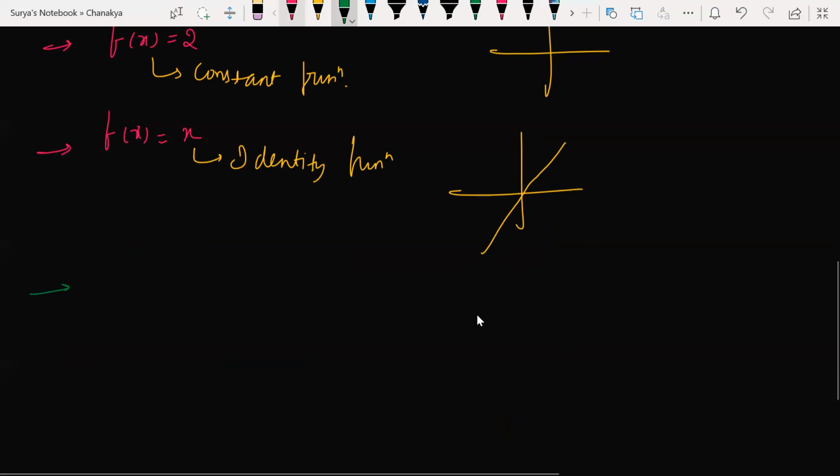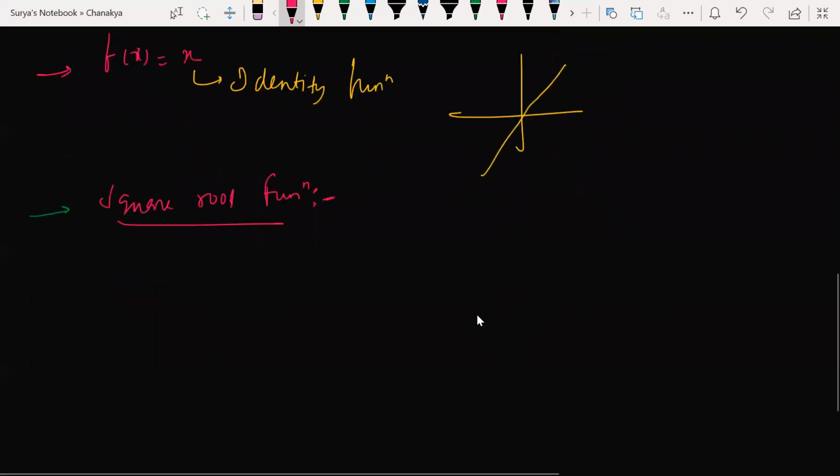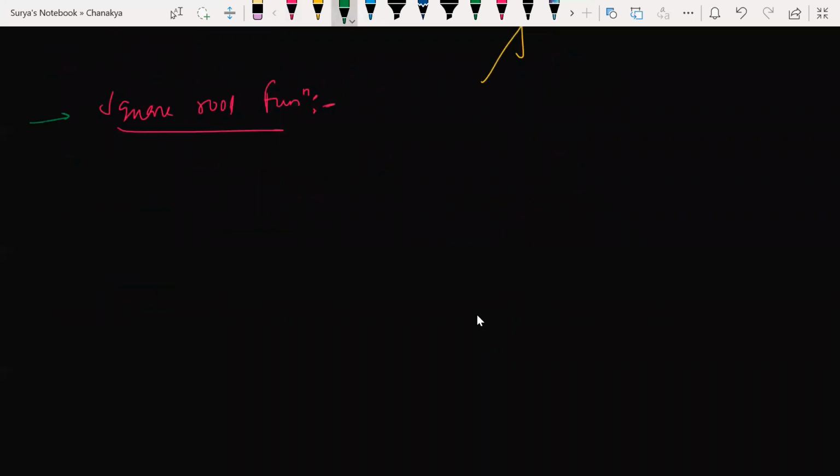Now we'll talk about a function called square root function. Look at this, everyone. y is equal to square root of x. So now tell me what exactly the graph of this function is going to be. I mean domain.